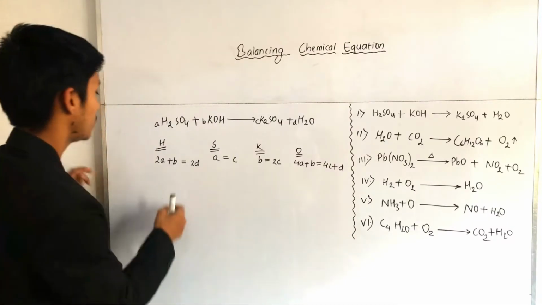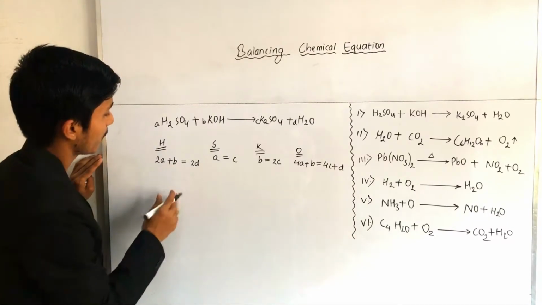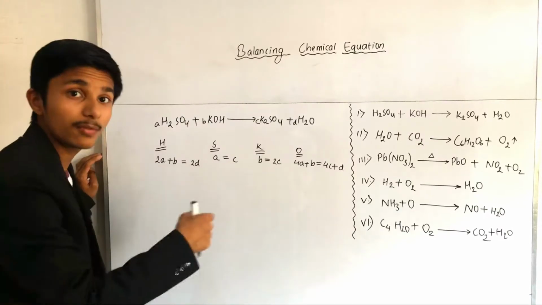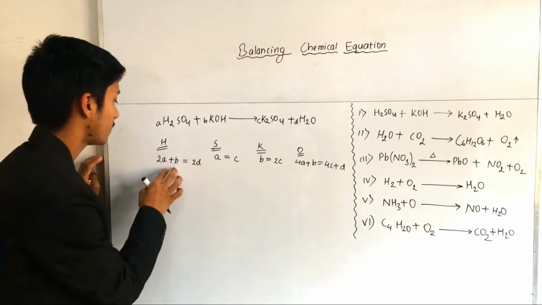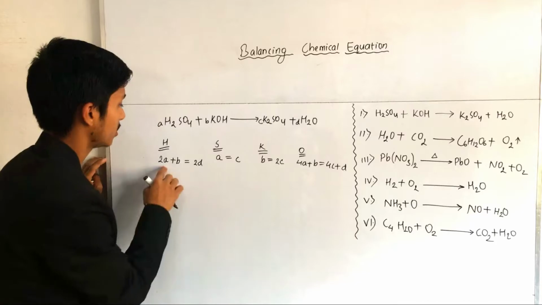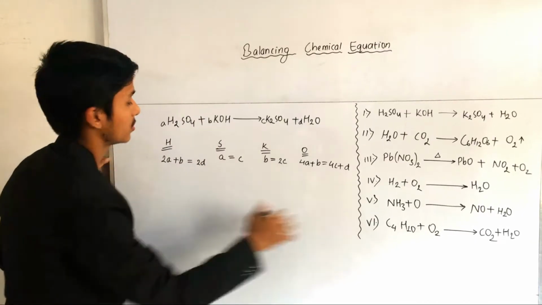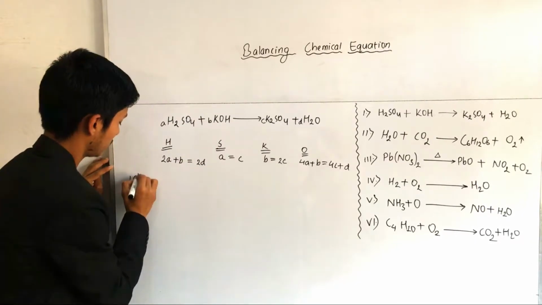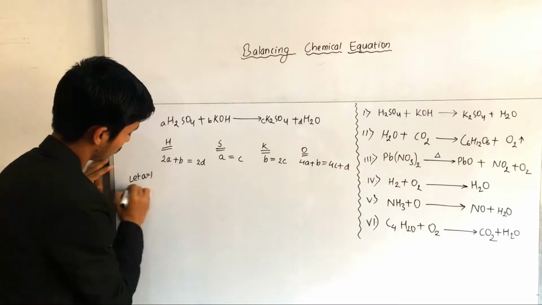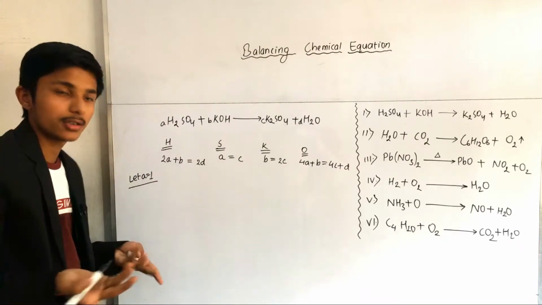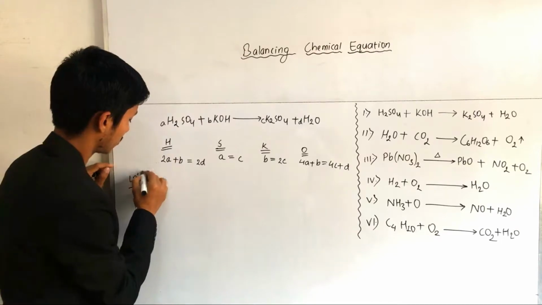To get a simple answer, we let the value 1 for the coefficient which is repeated. Here A is repeated, so we let A is equal to 1.